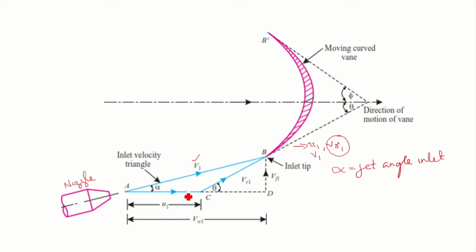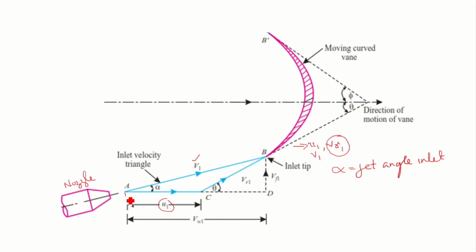Next, since the vane is moving with a velocity u1, the vane velocity at inlet is denoted as a horizontal line.